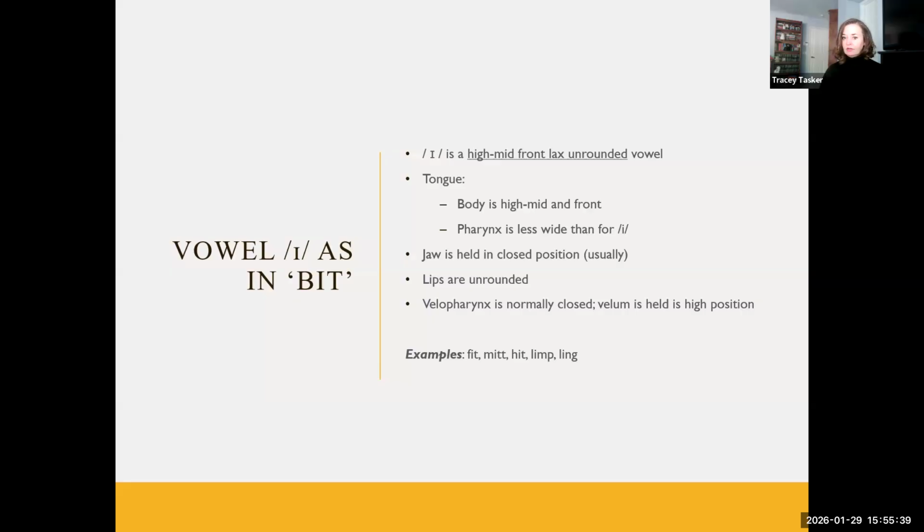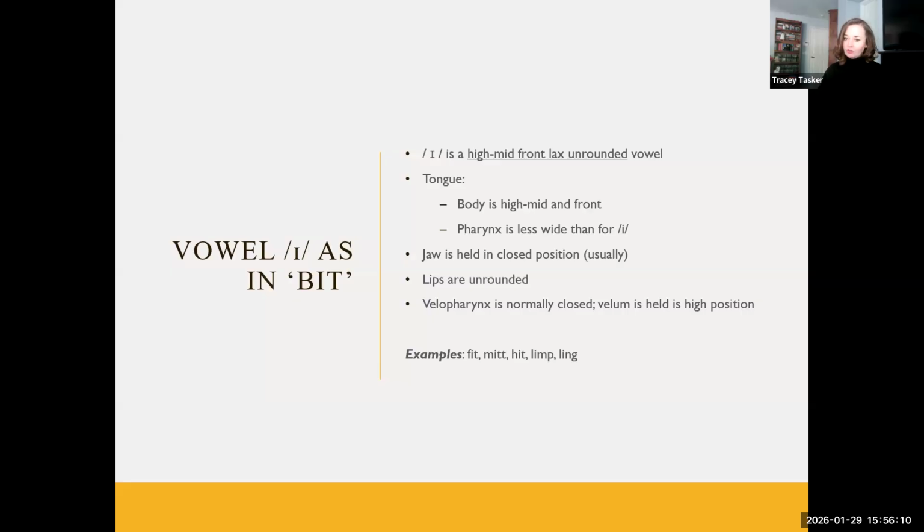All the front vowels are unrounded. So the body is high, mid, front, and the pharynx is less wide than it is for E. The jaw is in a somewhat closed position. And as we're talking about vowels, we're going to keep saying this, the velar pharynx is closed and the velum is in a high position. If you were seeing that on an image, you would see that.